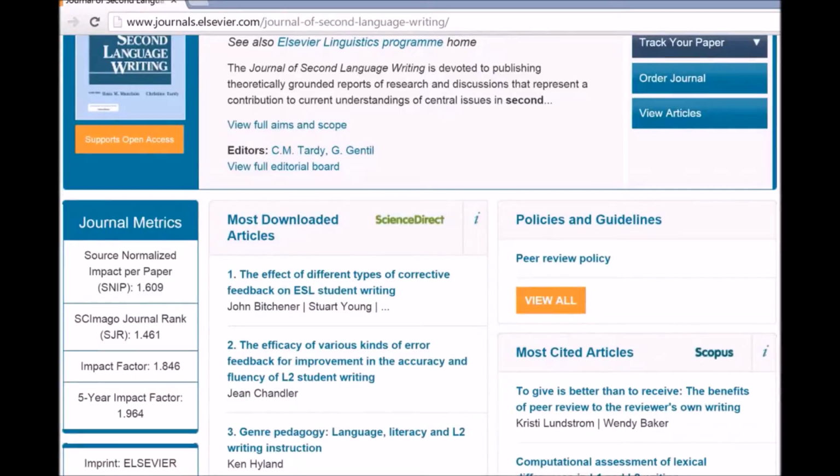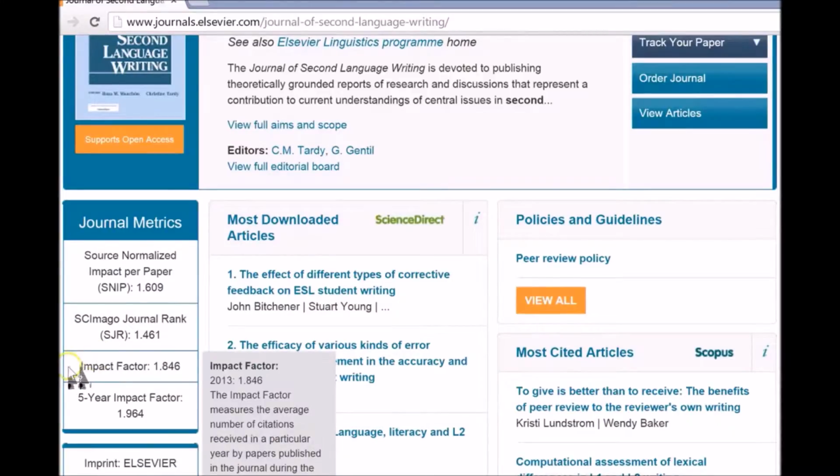Now, if we look down a little more, over here on the left, you see the journal metrics. The metrics are a number of calculated numbers that traditionally were used in libraries, but now they're used in a number of areas to judge the importance of the journal.